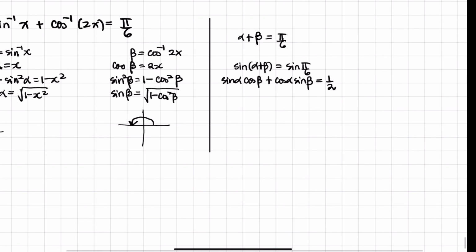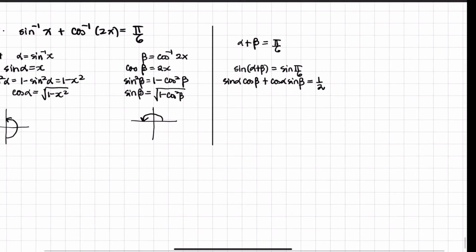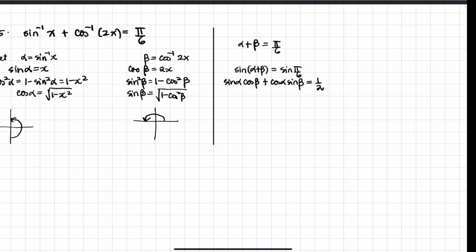Ayan, plug and play na lang. Sine alpha is x. Cosine beta is 2x. Cosine alpha is this. Sine beta is this one. Oops, but what is cosine pala? Sorry. Cosine beta is, hindi ko pala nasulat.